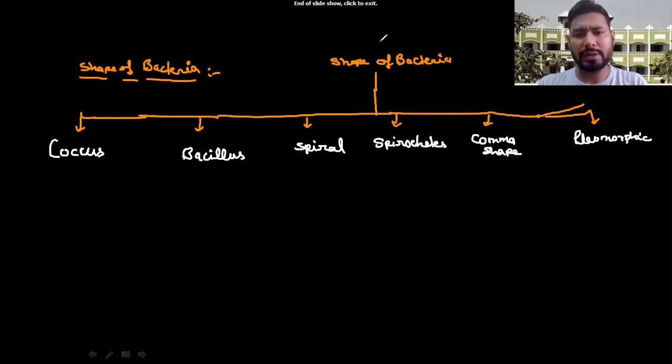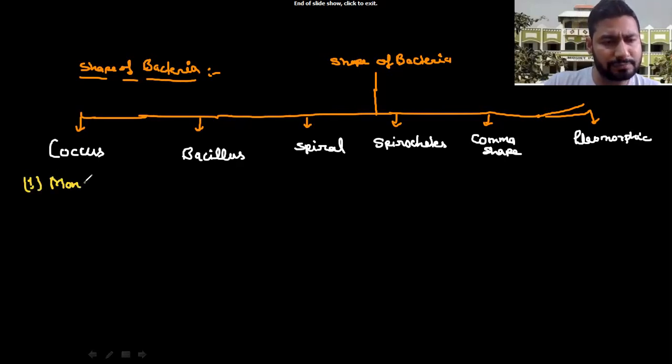Now this coccus is again classified into four to five different types. Number one is monococcus. Second is diplococcus, and third is streptococcus.